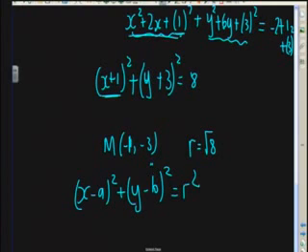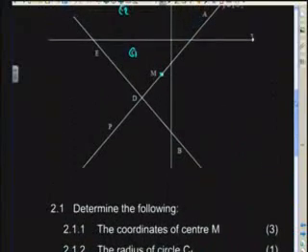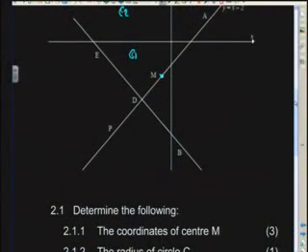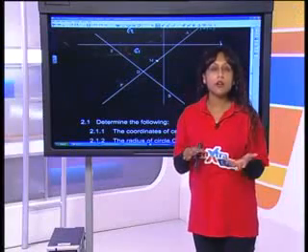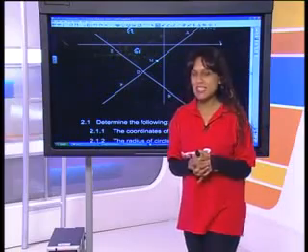Now that we've written it in that form, a and b gave me the center of the circle. R squared is 8, so therefore r is equal to the square root of 8, and that is the radius of circle C1. As I said, this is quite a long, involved question, so let's get straight to the next one.